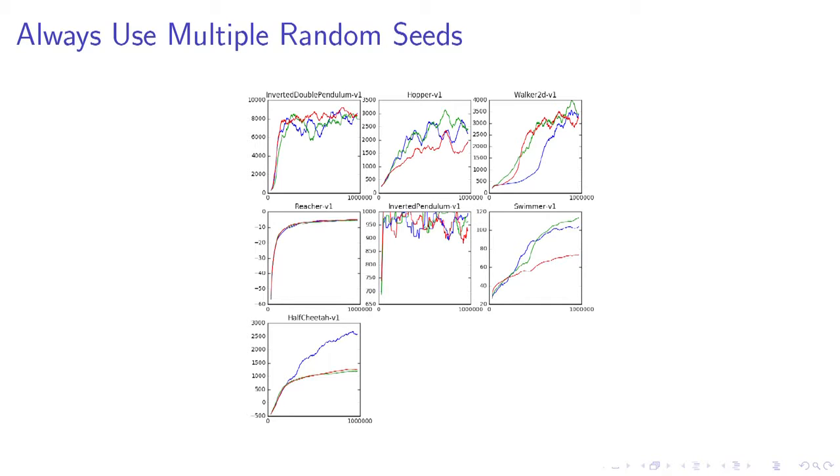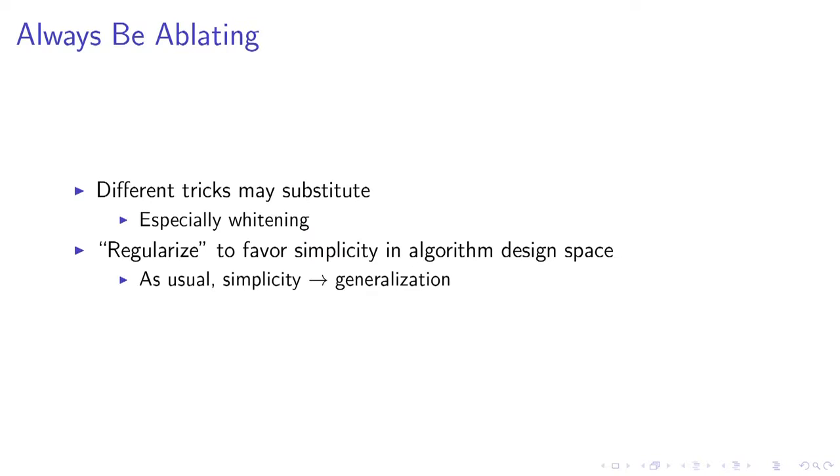Another thing is that it's easy to keep adding little modifications to your algorithm until it gets really complicated. Then you think you have this really complicated algorithm which is perfect, but it turns out that most of the things you did are unnecessary because some of the tricks substitute for each other.